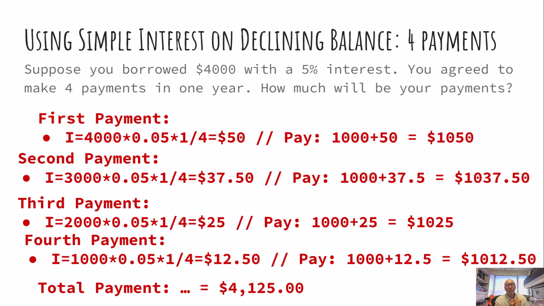That's $4,200, and then we had one payment in the middle, so we made 2 payments throughout the year, and that turned out to be $4,150. And so now with 4 payments, you're going to only pay $4,125. All right, so you can imagine if you make more payments throughout the year, then the amount of interest that you'll be adding on will be a little bit less and less.